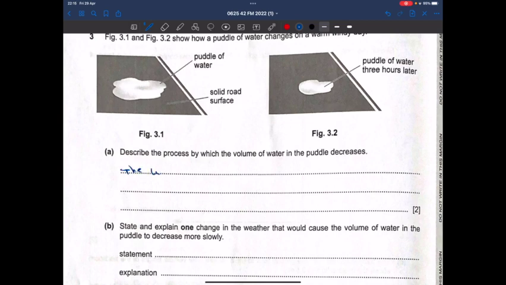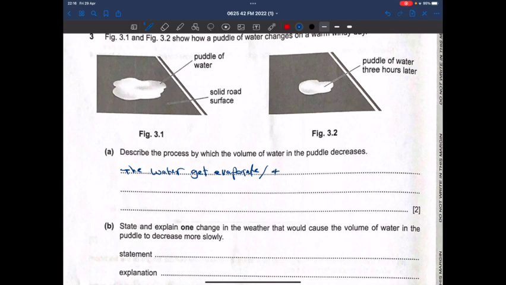The water gets evaporated. Or it is a process of evaporation. So we can say that the most energetic molecules on the surface escape and change into gas, so the total volume becomes less. Right? This is the idea of evaporation, how it could happen.